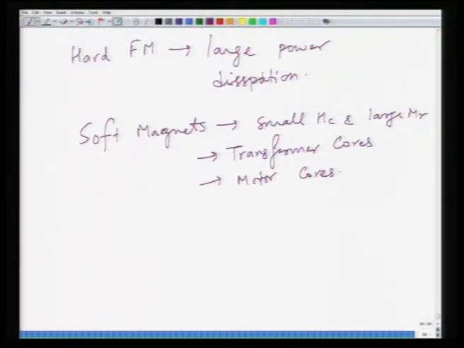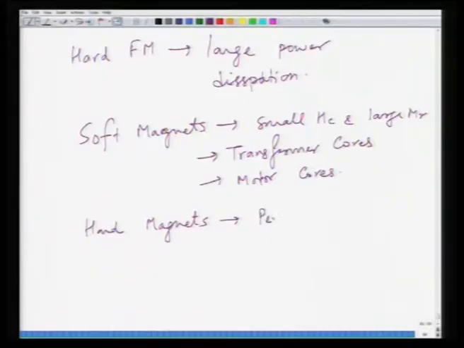Hard magnets, on the other hand, find application in those areas where you want the magnetization to be reversed with difficulty, where the domain reversal has to be difficult. So, they find applications in permanent magnets, memories, because you do not want your data to be lost.